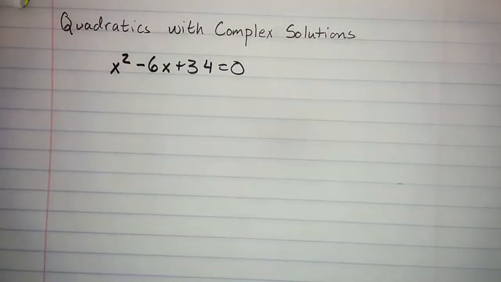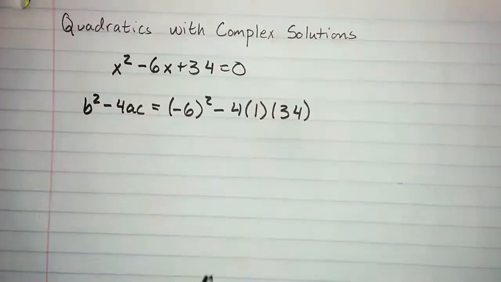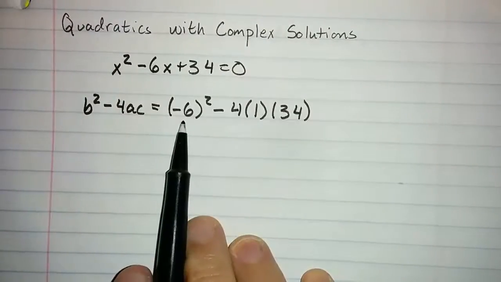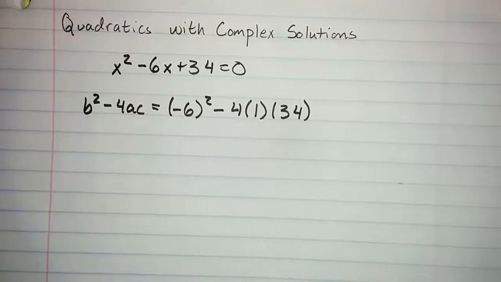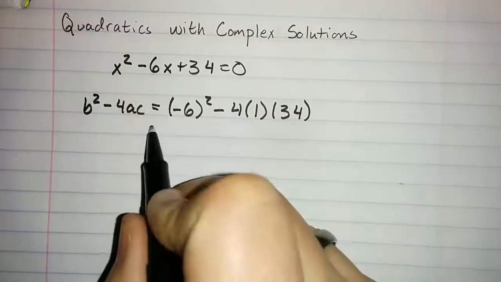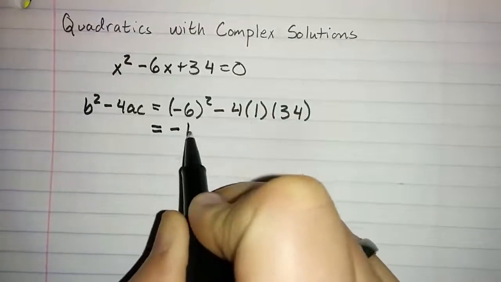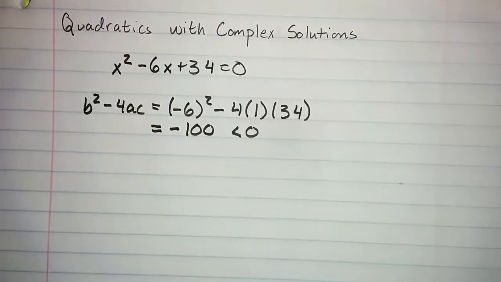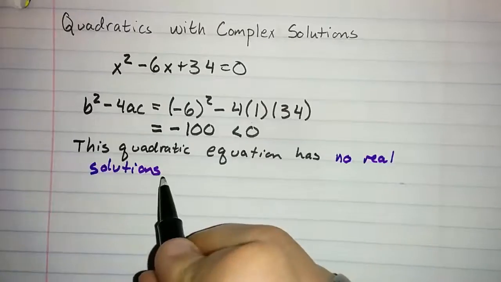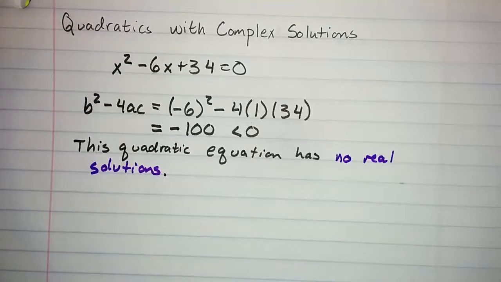Well, let's quickly check how many real solutions this has by computing the discriminant. Plugging in -6 for b, 1 for a, and 34 for c, I see that this is -100, which is negative. So, this quadratic equation has no real solutions.